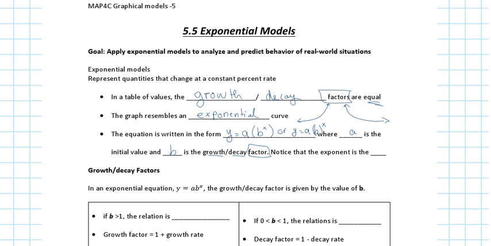And notice that the exponent is the variable, right? The letter x is the variable. And this is how I know in the equation that this is exponential. Are we okay with that so far? Okay. Now, the exponential equation is y equals ab to the power of x.